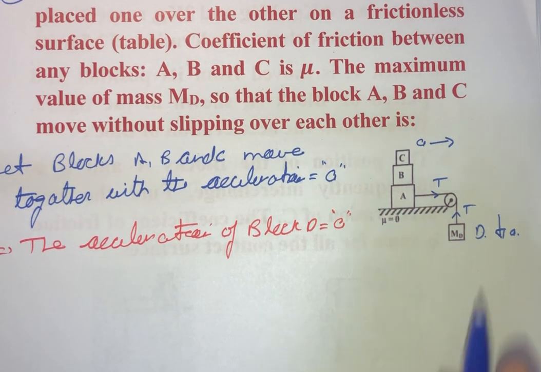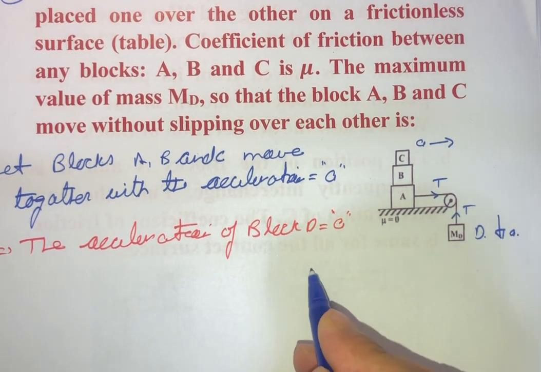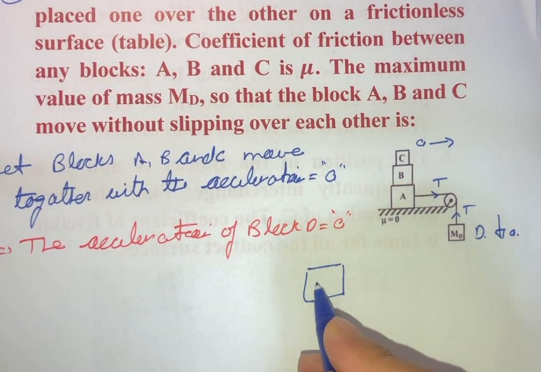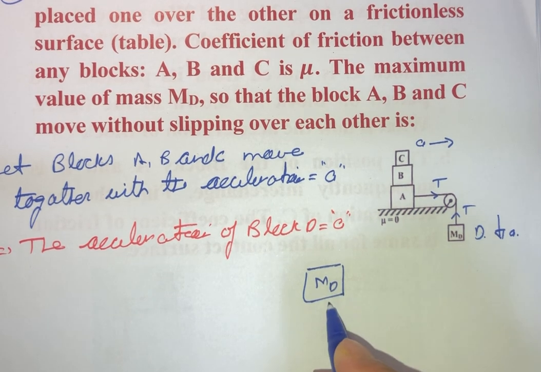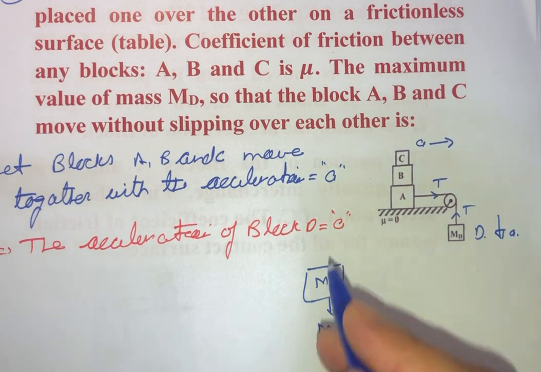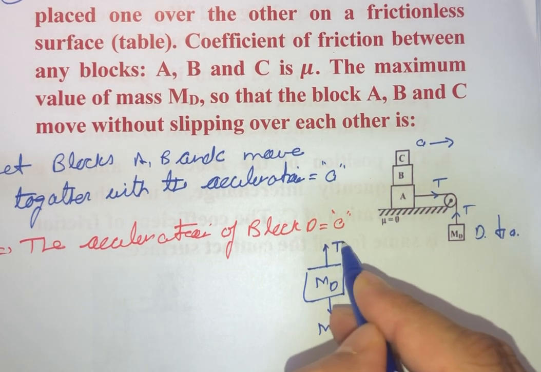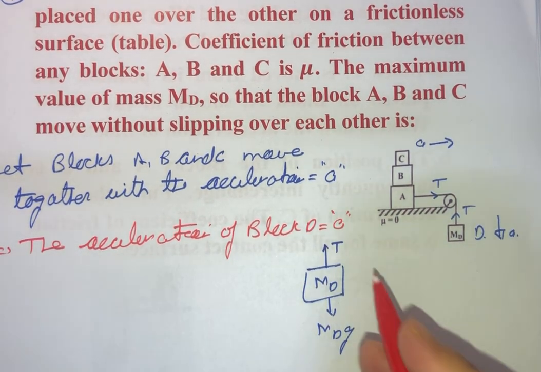So we can draw the free body diagram for block D. This is our block D. Here will be MDg and a tension T, and in the downward direction it is moving with the acceleration a.